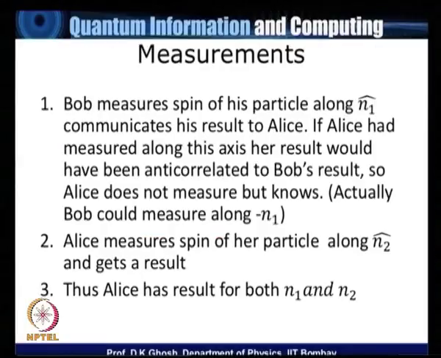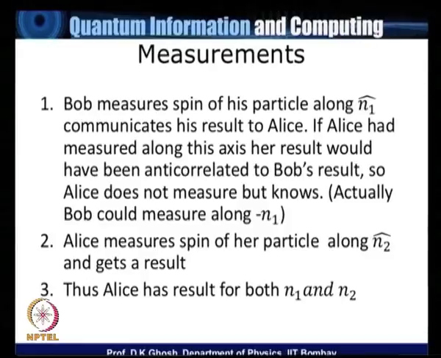Now what happens is this: Bob measures the spin of his particle along the n1 direction. Actually, what Bob would do is to measure it along the minus n1 direction, so that Alice doesn't have to worry about changing that minus sign. Bob would make the measurement along the minus n1 direction and communicate it to Alice.